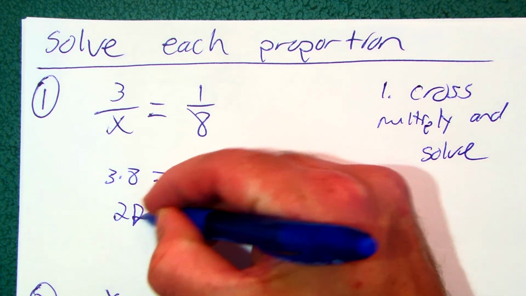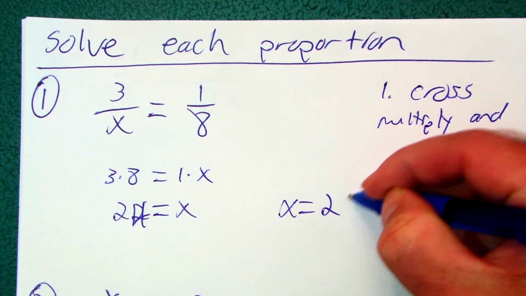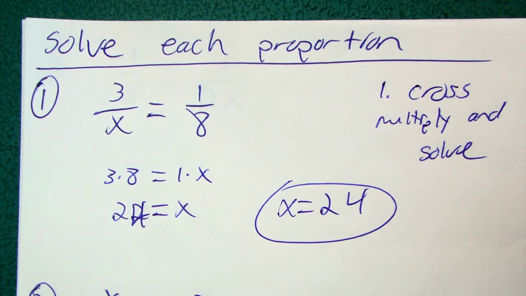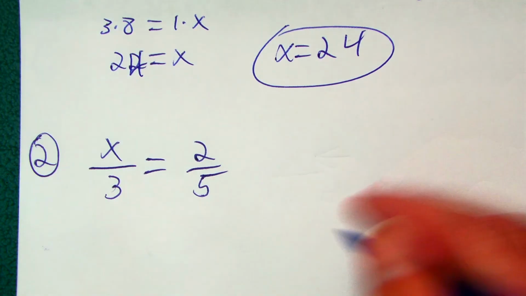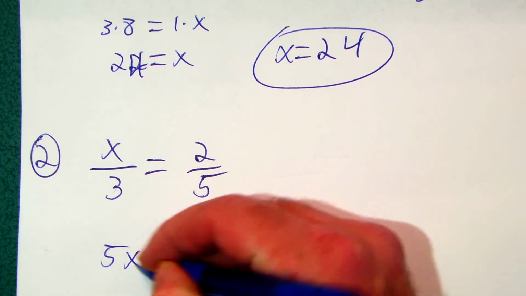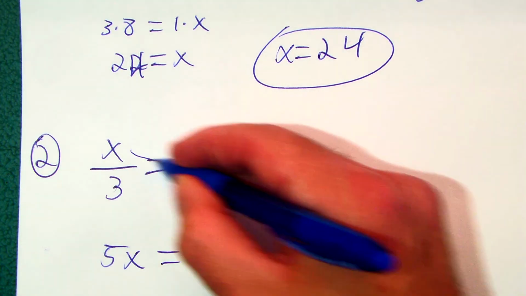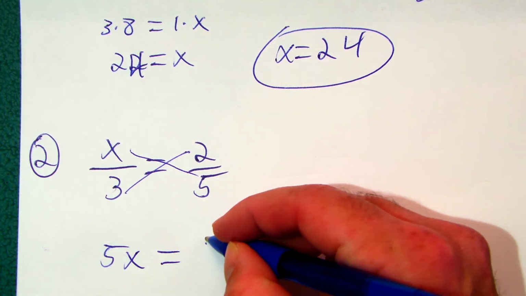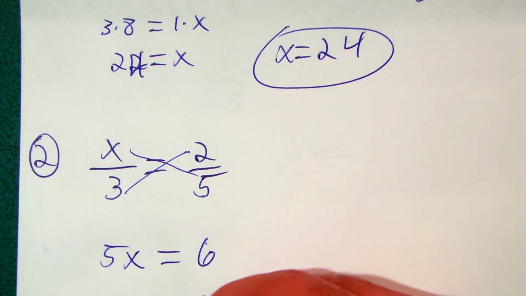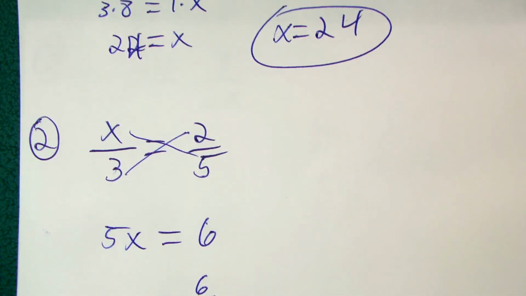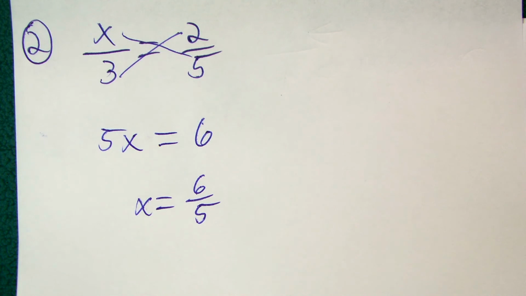So x equals 24. Moving on, again, cross multiply. So 5 times x equals 2 times 3, which is 6. So x is going to equal 6/5. That's it. Cross multiply and solve.